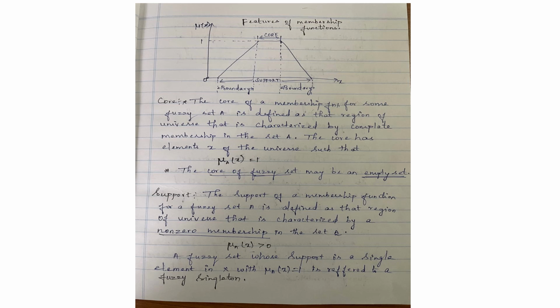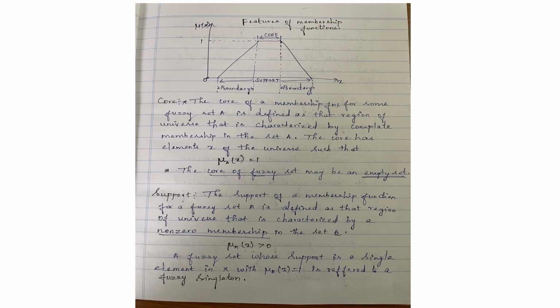First one, the core. The core of a membership function for some fuzzy set A is defined as the region of universe that is characterized by complete membership in the set A. What is meant by complete membership? If an element meets the value 1, then that is the complete membership value.